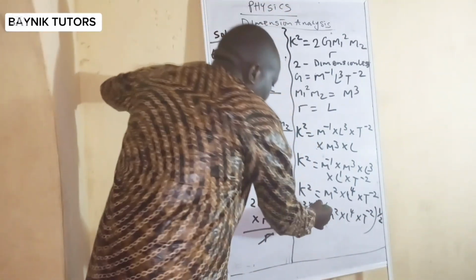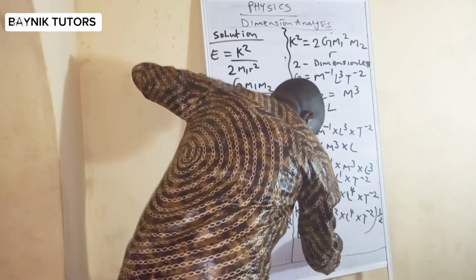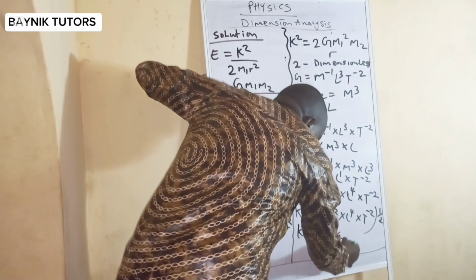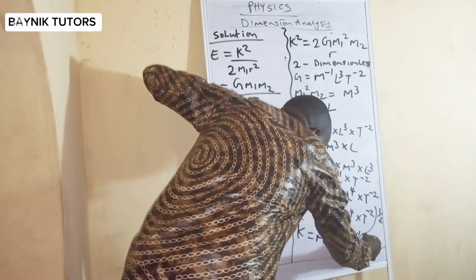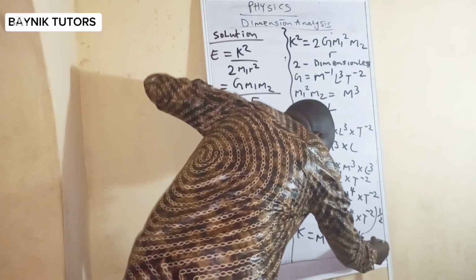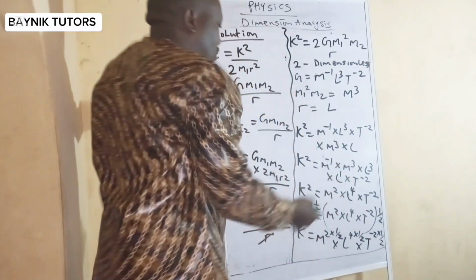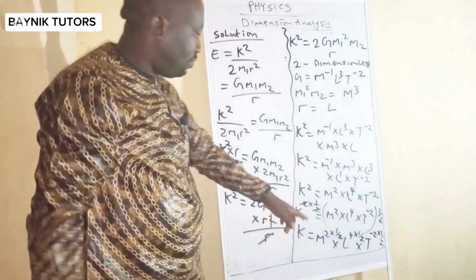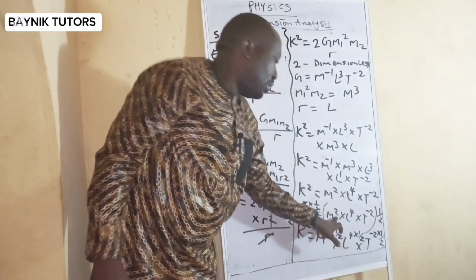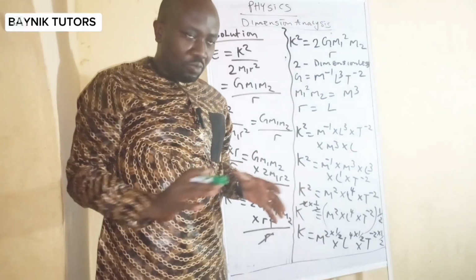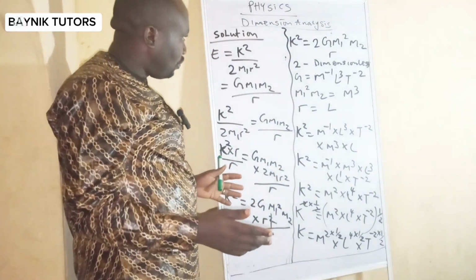So this cancels this, and we have K is equal to M raised power 2 times half, multiplied by L raised power 4 times half, multiplied by T raised power minus 2 times half. So if you apply the power of half using the product law of indices, you also multiply this. Are we together? So those are ways of resolving that. So we can now continue from that.